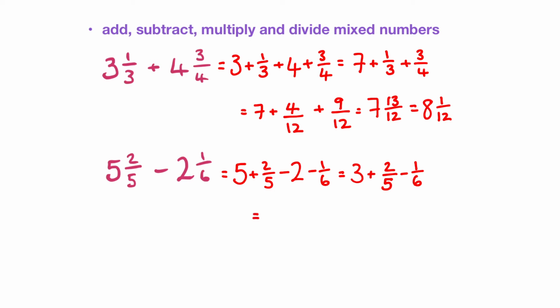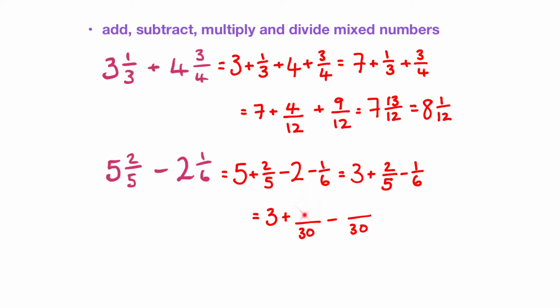And then our common denominator is going to be 30 for the 5 and the 6. All right, so 30 is the smallest number that's in the 5 times table and in the 6 times table, isn't it? So 5 has been multiplied by 6 to get 30.